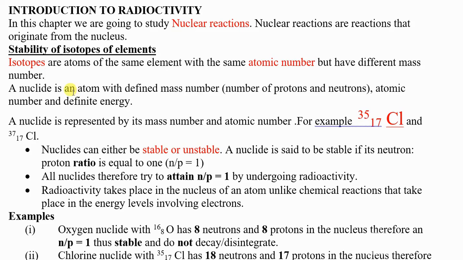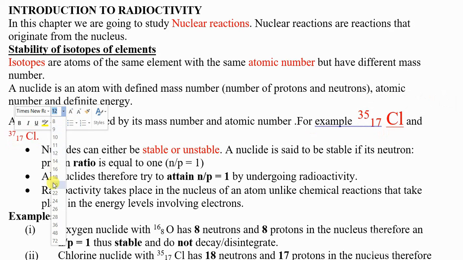A nuclide is an atom with a defined mass number and atomic number. So a nuclide is actually an isotope. A nuclide and an isotope are the same thing. I have given one example here. Chlorine is an isotope because we have chlorine-37 and chlorine-35.